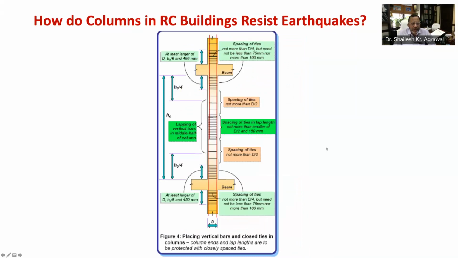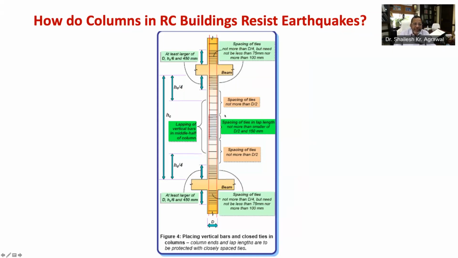Now let's look at the provisions of IS 13920 for earthquake resistant columns through this figure. As you can see in this figure, closely spaced ties must be provided at two ends of the column over a length not less than larger dimension of column, or 1/6 of column height, or 400 mm as shown in this figure.